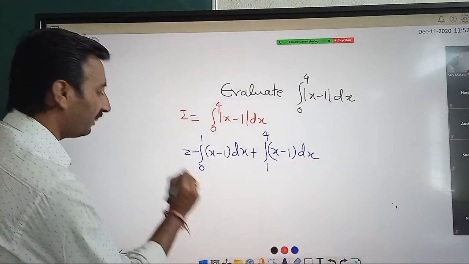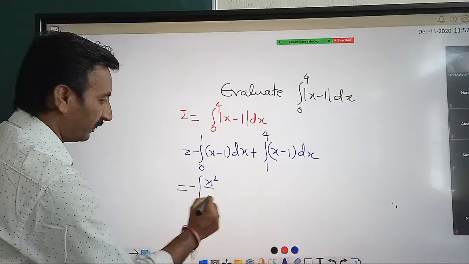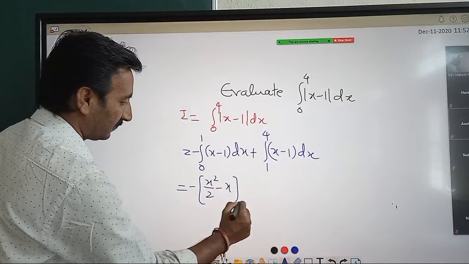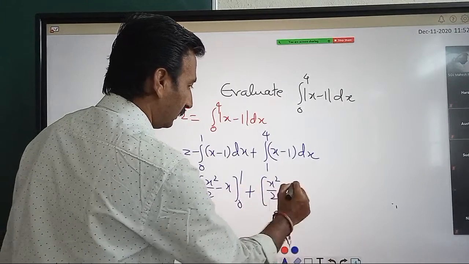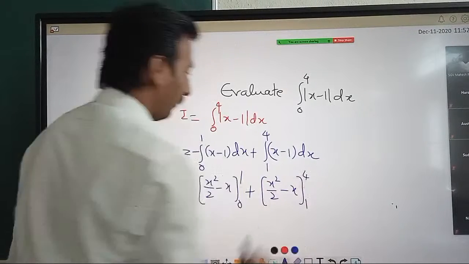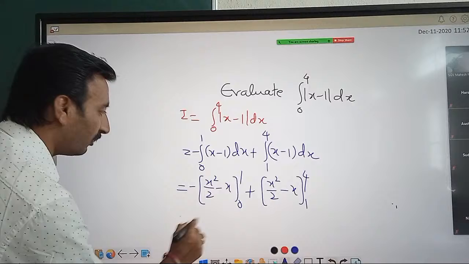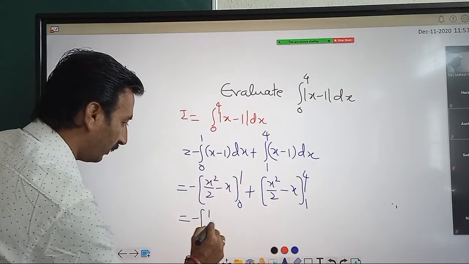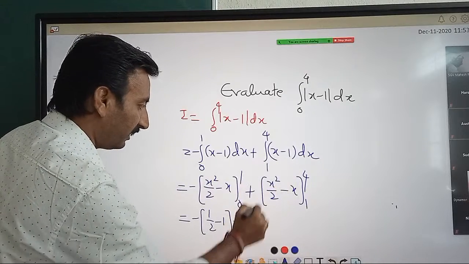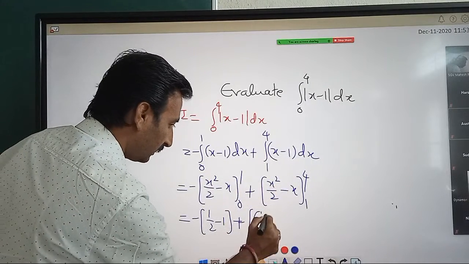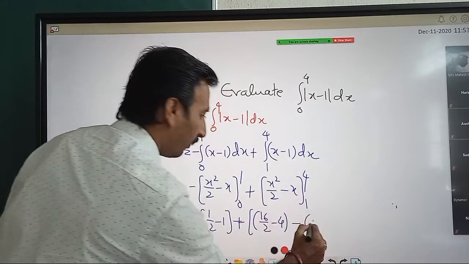Simply integrate. Minus of the integration of x minus 1 is x square by 2 minus x, from 0 to 1, plus the integration, which is x square by 2 minus x, from 1 to 4. Correct? So when I put x equal to 1, minus of 1 by 2 minus 1, plus if I put the upper limit, 16 by 2 minus 4, minus the lower limit, 1 by 2 minus 1.